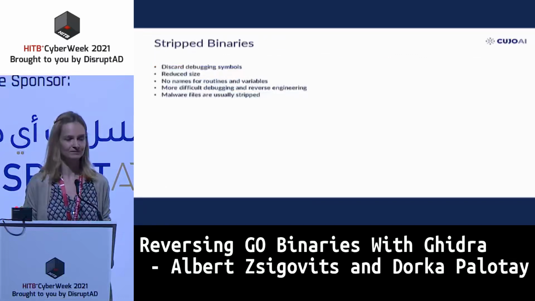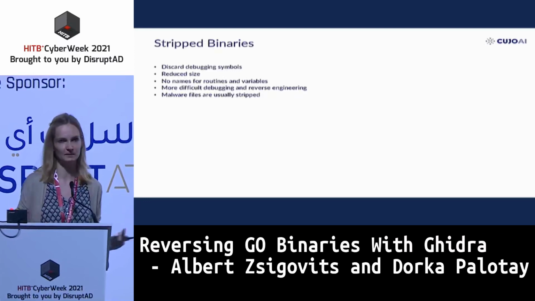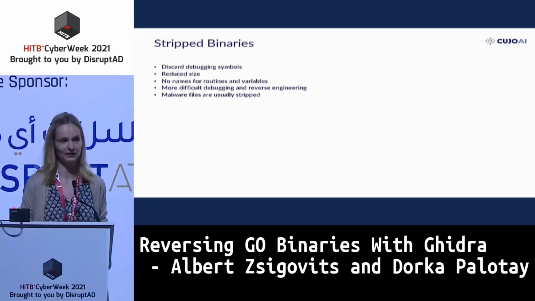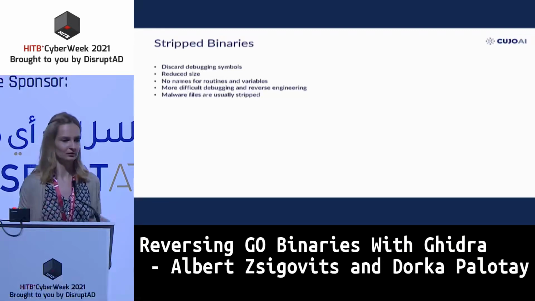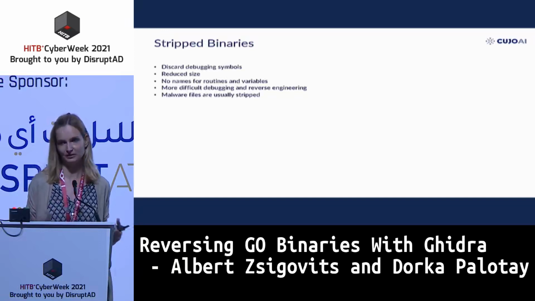What is an even bigger problem is that usually we don't see these function names clearly, because in most cases these malware files are stripped. It means that the debugging symbols are discarded. The size will of course be reduced, which is very nice, but there will be no function names, no variable names, and it's more difficult to debug and reverse engineer.